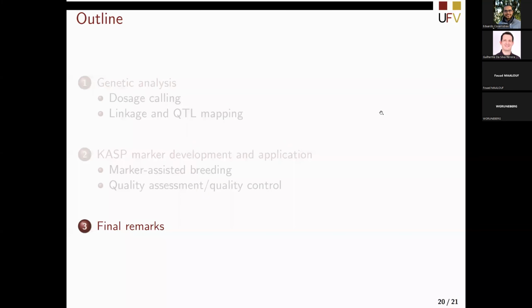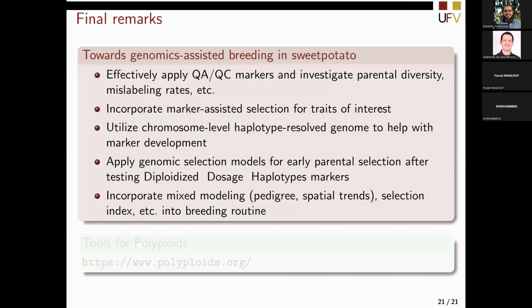But just as final remarks, our goal here is to effectively apply QA/QC markers and investigate parental diversity, mislabeling rates, and things like that. Also incorporate marker-assisted selection for traits of interest, because I'm not sure if you noticed, but phenotyping nematodes, investigating some of those traits like beta amylase, is not an easy task, right?